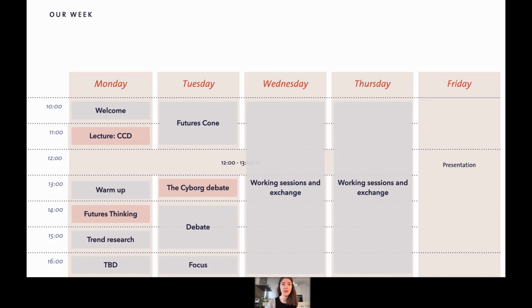And we go then a bit into debating and discussing cyborgs and what we created, and then the rest of the day will be mostly working sessions and exchange sessions about our little cyborg project we want to come out with at the end of this week, and Friday is presentation day.